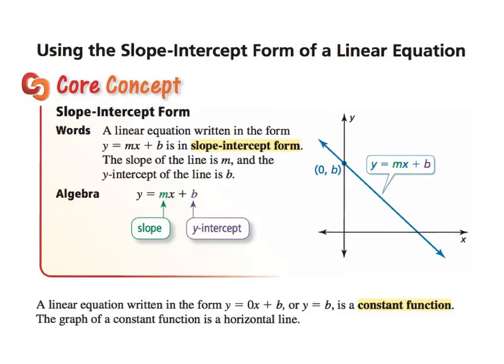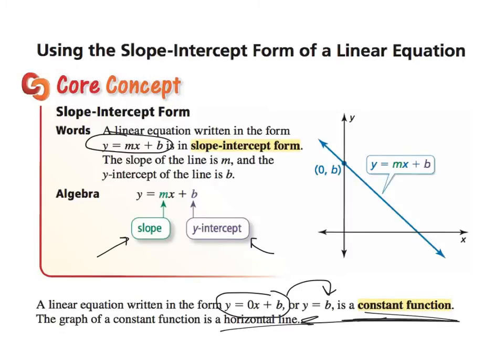Now, slope-intercept form. You've done this before. Slope-intercept form is what? It's a linear equation that is written in the form y equals mx plus b. The m stands for your slope, the b stands for your y-intercept. Now, a linear equation written in the form y equals 0x plus b, or y equals b, is a constant function, which would lead to a horizontal line.